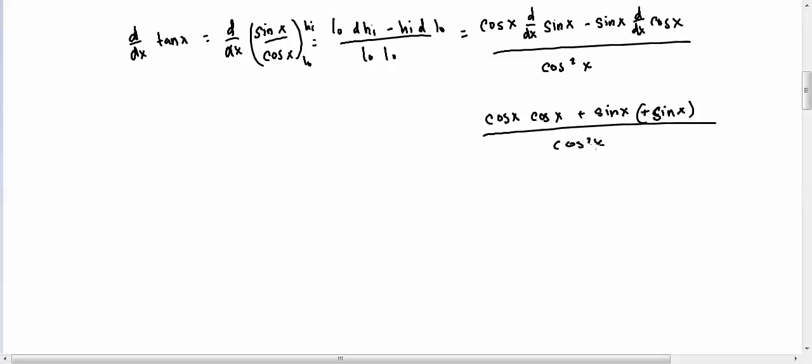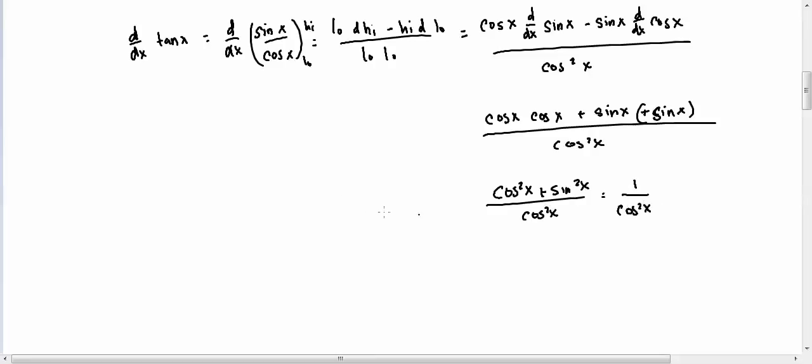All right, and then we have cosine squared of x plus sine squared of x, all over cosine squared of x. And by the Pythagorean identity, cosine squared plus sine squared, or maybe you might know it as sine squared plus cosine squared, is equal to 1. So I have 1 over cosine squared of x.